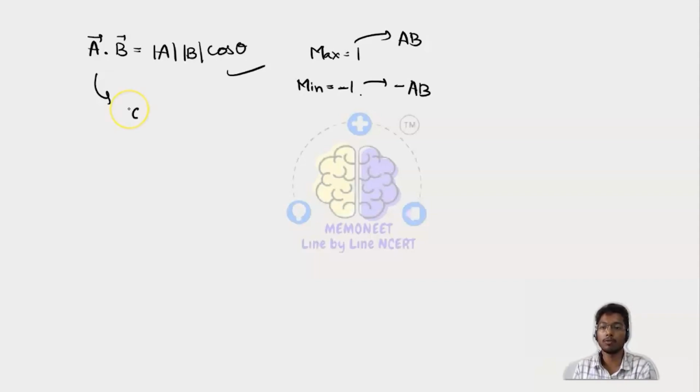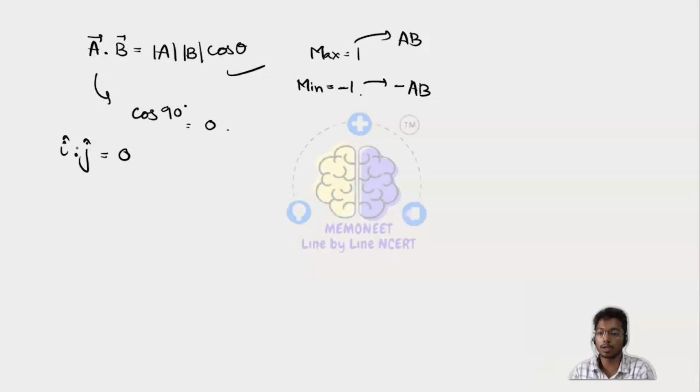Cos 90 degree: if the angle between both the vectors is 90 degree, it will have the value 0. So the dot product of orthogonal vectors is 0. If we do the dot product of any unit vectors, let's say i cap dot j cap, these are orthogonal vectors, so we will have the value 0.